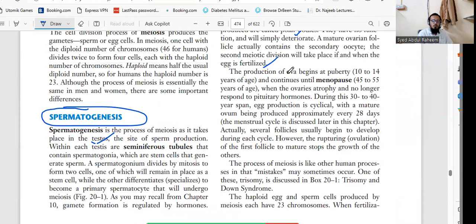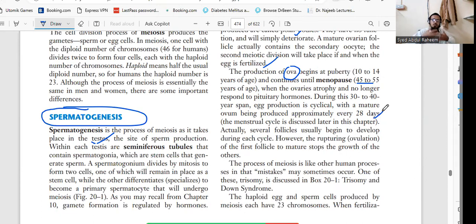The production of ova begins at puberty and continues until menopause, at 45 to 55, when the ovaries atrophy and no longer respond to pituitary hormones. During this 30 to 40 year span, egg production is cyclical, with a mature ovum being produced approximately every 28 days.